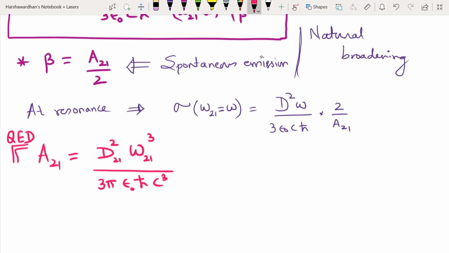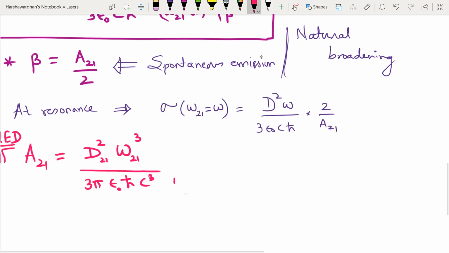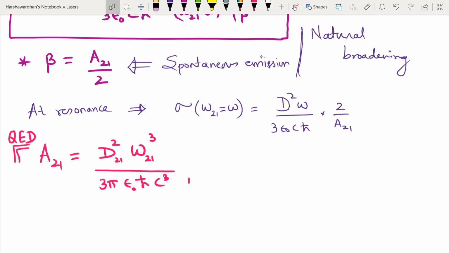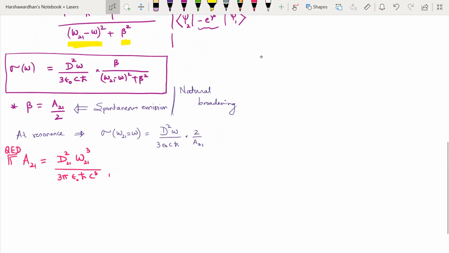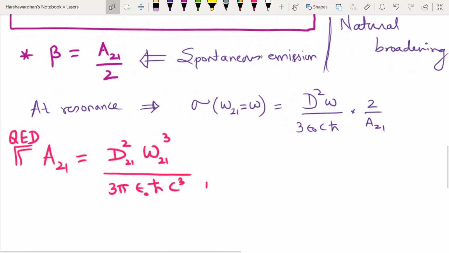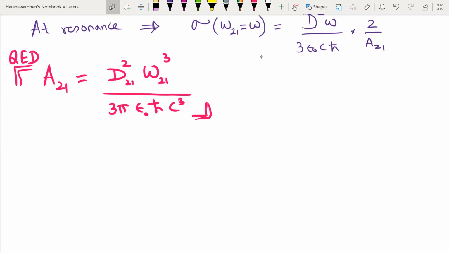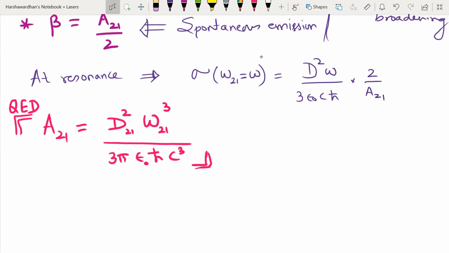So this is the rate of spontaneous emission, which is derived independently using quantum mechanics, right? So what I'll do is plug this back into this equation, and check out what is the nature of my absorption cross section.